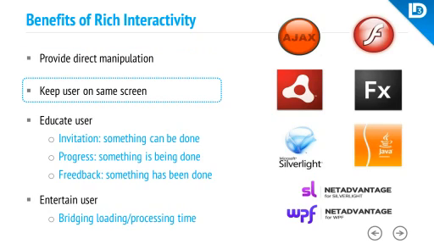The next one is keep users on the same screen. This is becoming more and more interesting and important, since we now have very rich and powerful applications on smartphones, both native and browser-based. So we have basically the whole world knowledge available to us at any point in time through the internet.